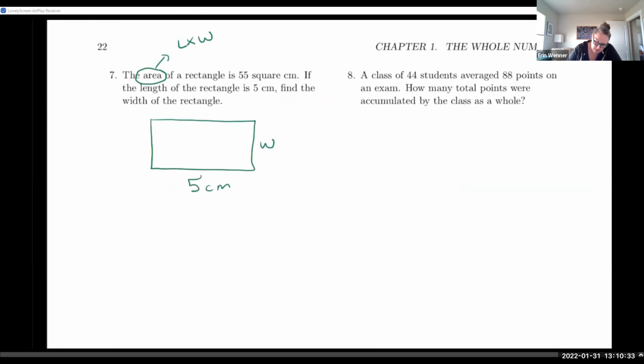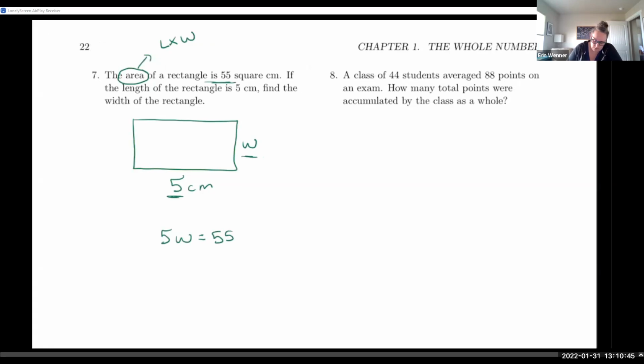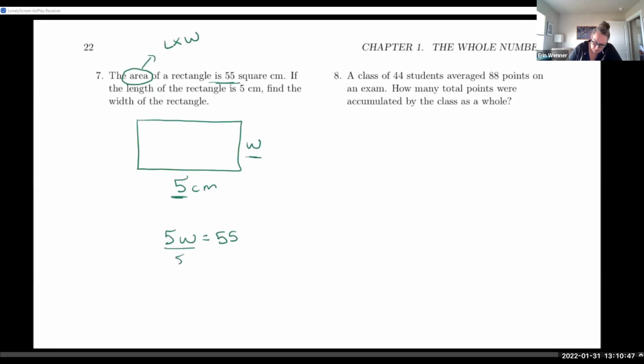To find the area, we multiply 5 times W, and that's going to equal 55. Then to solve for W, we divide by 5, and we get a width of 11.